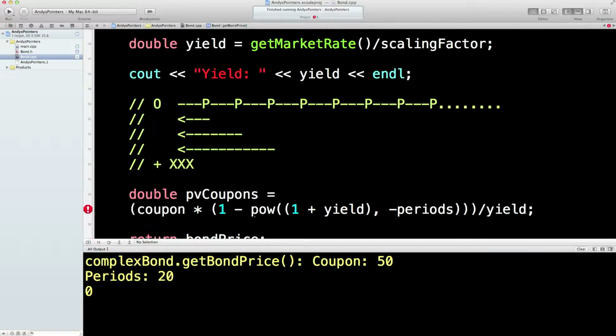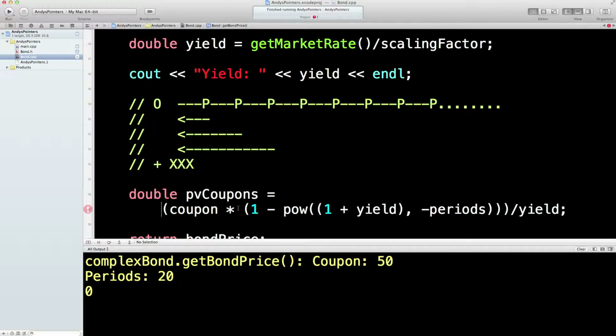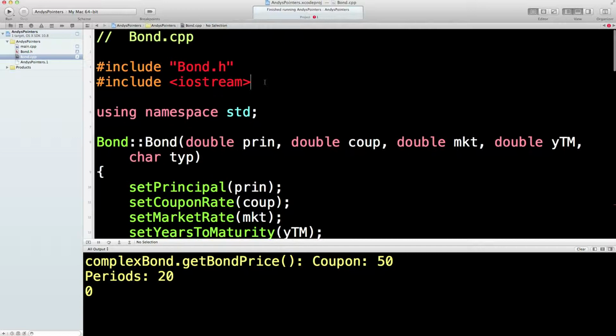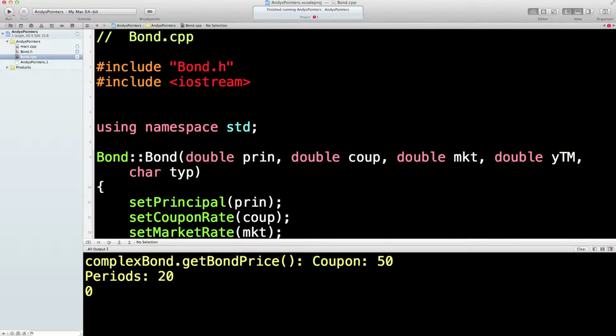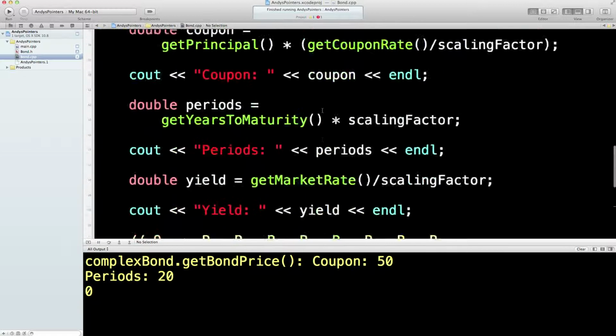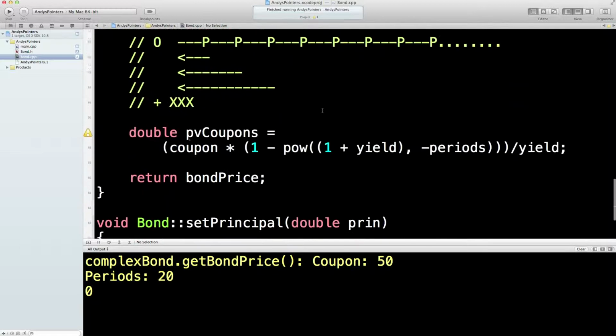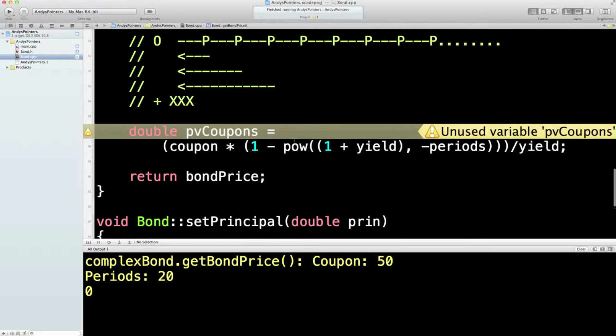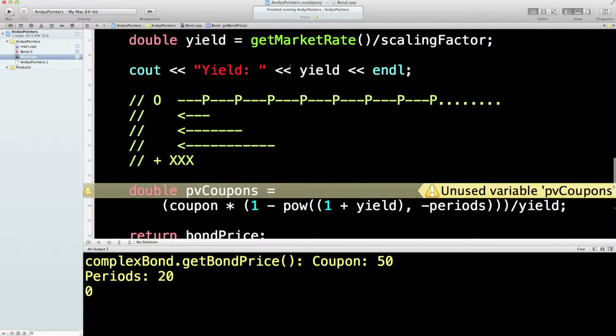And that should give us, yeah, got to include CMath, so let's just include CMath to get hold of the power function. Not used, okay, no problem. So let's just output that.